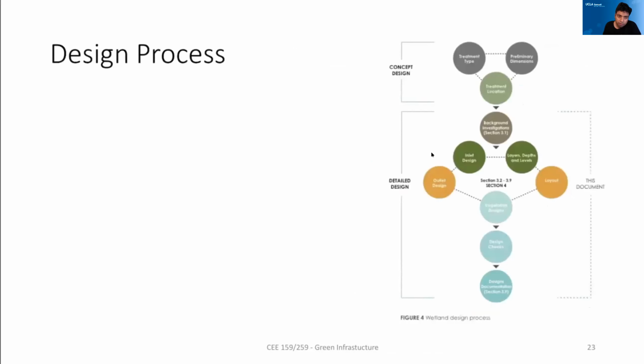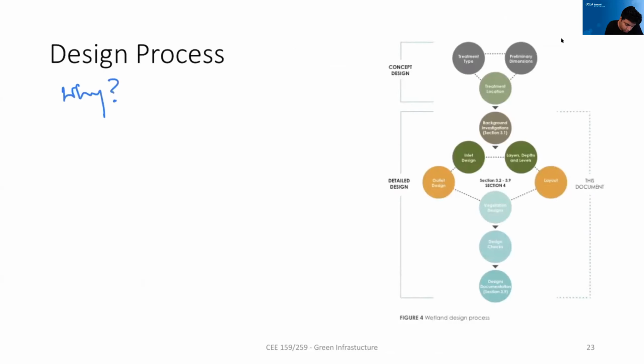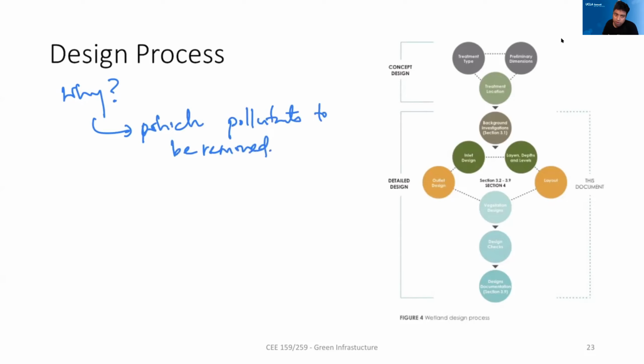Okay, so now that you've learned, let's see how people design it. The design process is pretty simple. What you do is you first decide why you are designing, which pollutants are to be removed. Usually every pollutant can be removed to some extent, but based on that you can change the scope of the wetland.